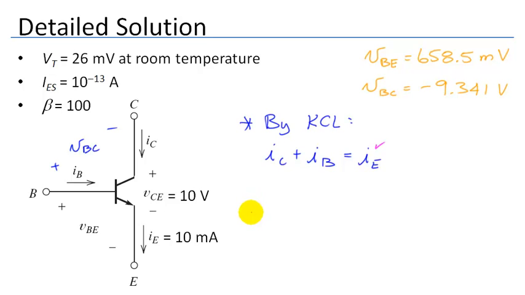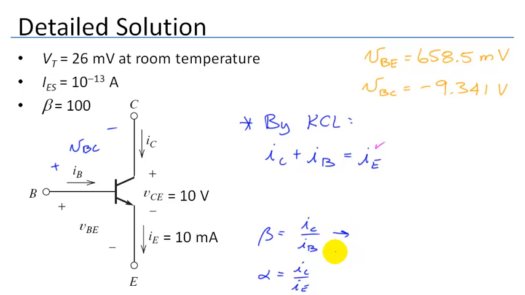Let's recall then that the value beta is the collector current divided by the base current. Now we're looking for a collector current, and collector current can also be related back to the emitter current by the factor alpha. Alpha is also one of the things we are looking for in this problem.